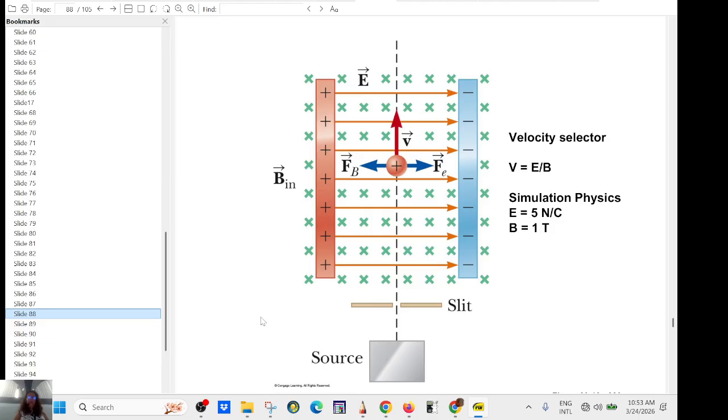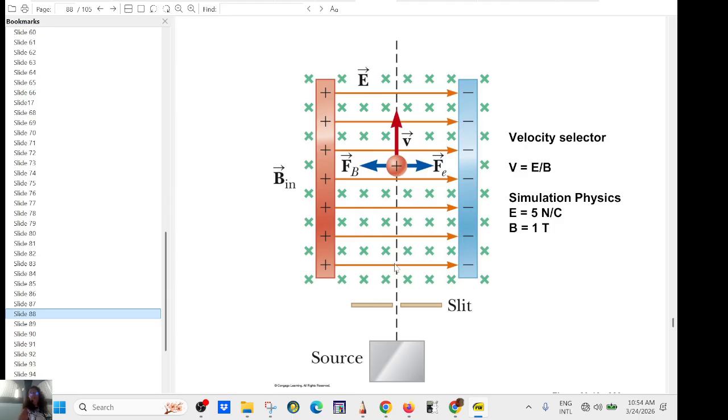Then we have what is called a velocity selector. In a mass spectrometer, when you want to find the mass of isotopes, you want to make sure they all have the same velocity. So you have to use the velocity selector. You take your hand and use two fields, the electric field and the magnetic field. A typical question for a pop quiz, maybe for test number 3, I forgot.